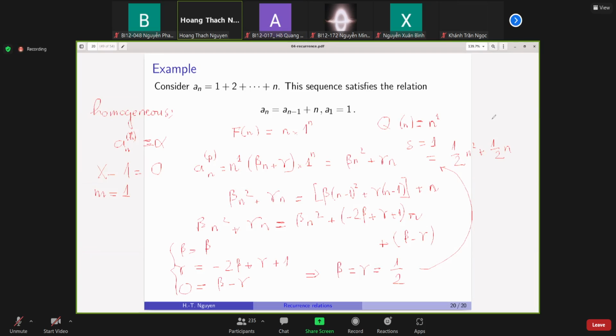So our general solution, can I erase the bottom part here? I erase this. Okay.